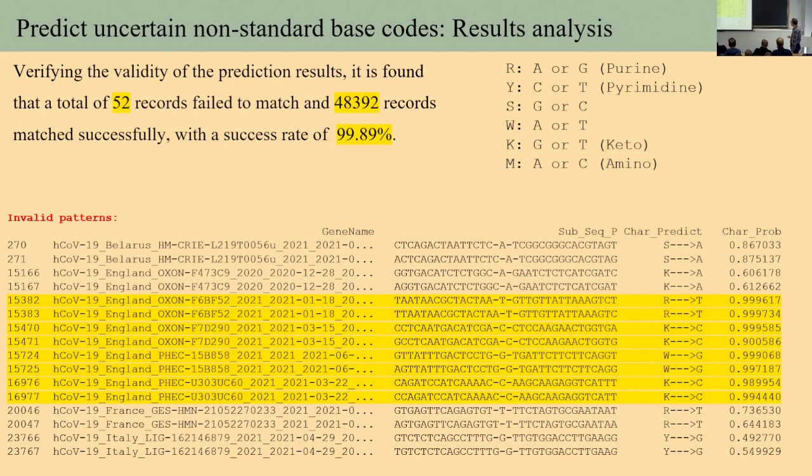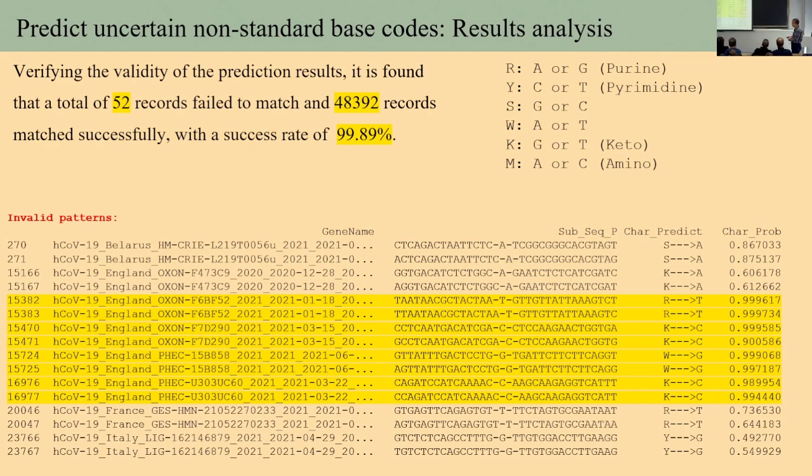Like this one, we gave this R, we predicted it's a T. But your R is A or G, but we predicted it's a T. And also the probability is very high. That explanation may be you marked it wrong, right? In all those lab testing, you marked it wrong. That can be another probability.